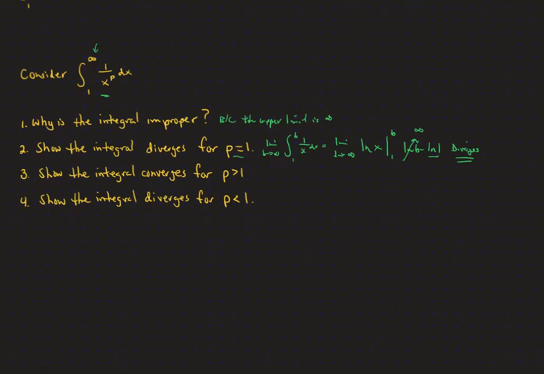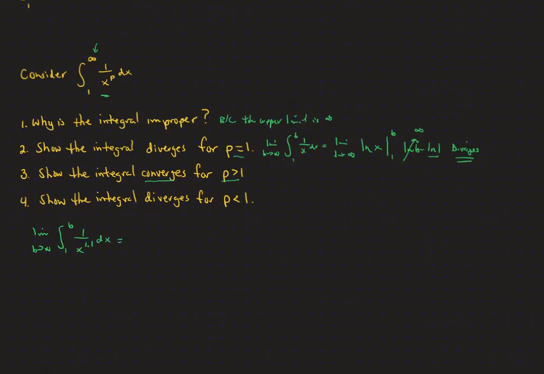Let's explore this a little bit more and ask, why does this converge for p greater than 1? So imagine now that we take this integral, again, b going to infinity of 1 over x to the p, and I'm going to imagine that p is just something barely bigger than 1, because I think this will help illustrate it.